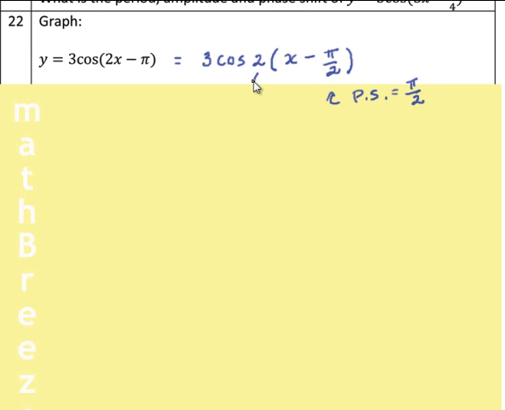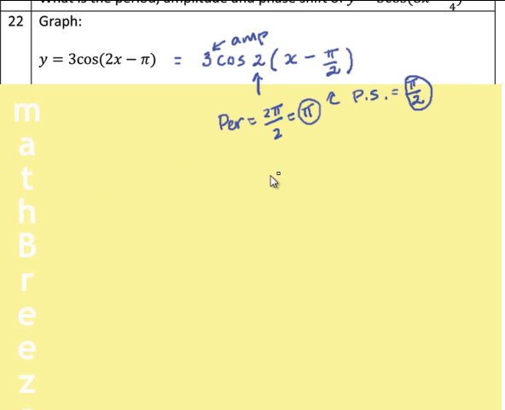The period will come from the number multiplying x. We'll use that number in the denominator. So 2 pi over 2, or we have a period of pi. And here's our amplitude. So we're going to use all those in our graph.